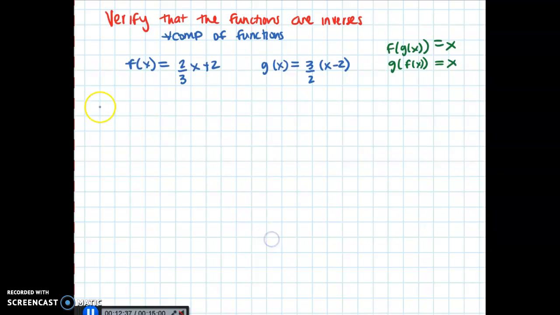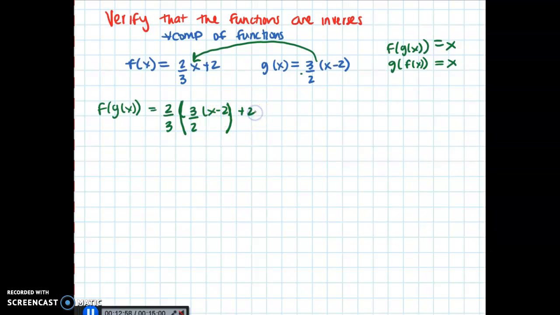So basically, if I'm going to do f of g of x, that means the whole function g of x goes into x. So this would be 2/3 times all of this, 3/2 x minus 2, plus 2. I guess I need bigger parentheses. And let's simplify.